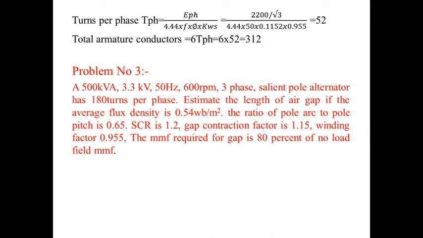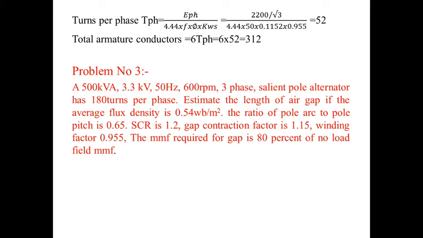Consider problem number 3. A 500 kVA, 3.3 kilovolt, 50 Hz, 600 rpm, 3 phase salient pole alternator has 180 turns per phase. Estimate the length of air gap if the average flux density is 0.54 Weber per meter square.